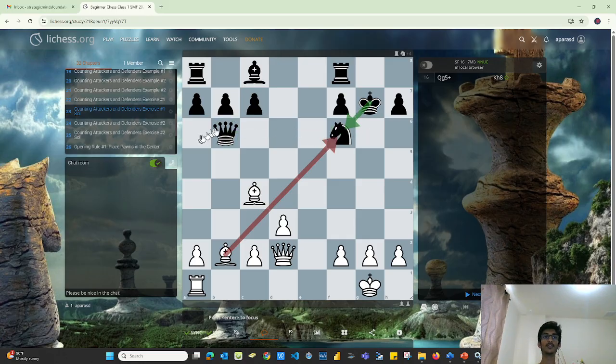The queen also defends the knight because it would be able to move to that square in one move. So there's one attacker and there are two defenders. Does that make sense? Why two defenders? Because the king can go there, and then the queen can also go there.